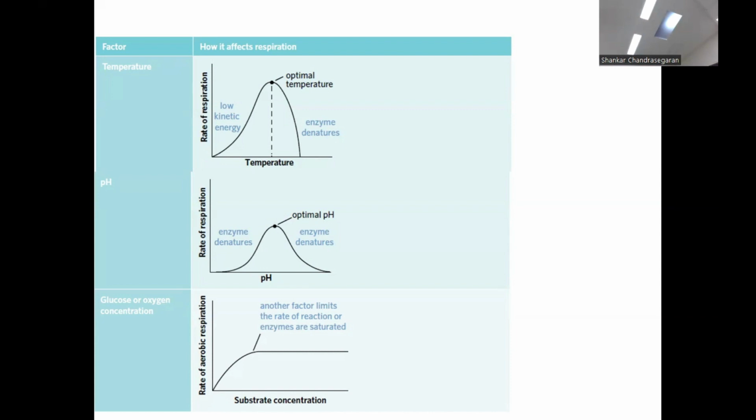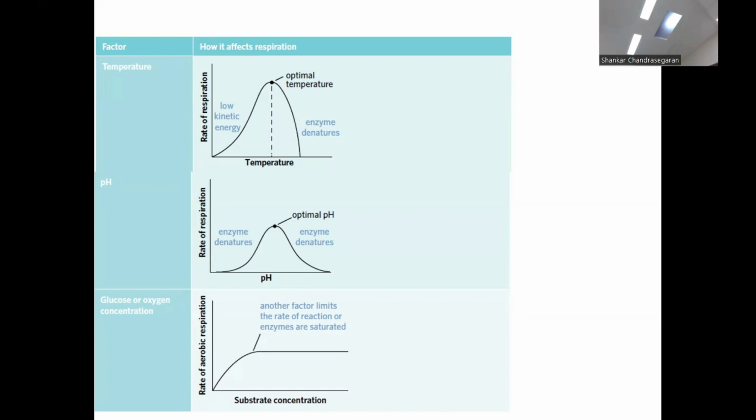So these are the different graphs associated with each factor. For factor 1 and factor 2, it's showing temperature and pH, the optimal range. Anytime you go above or below the optimal range for pH, the enzyme will denature. For temperature, if you go below the optimal range, you will lower the kinetic energy, meaning you will lower the collision between the enzyme and the substrate, such that eventually the enzymes will all get frozen.